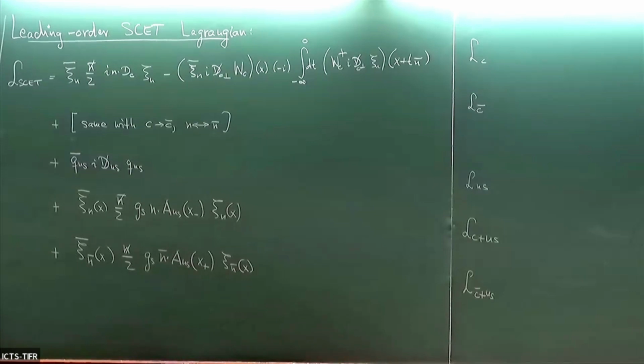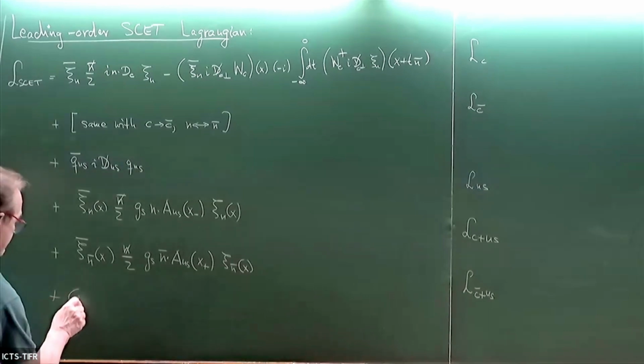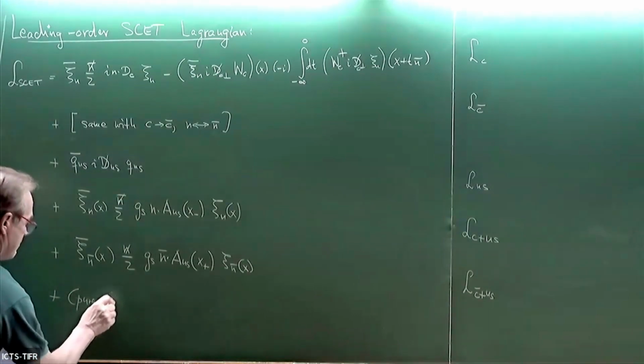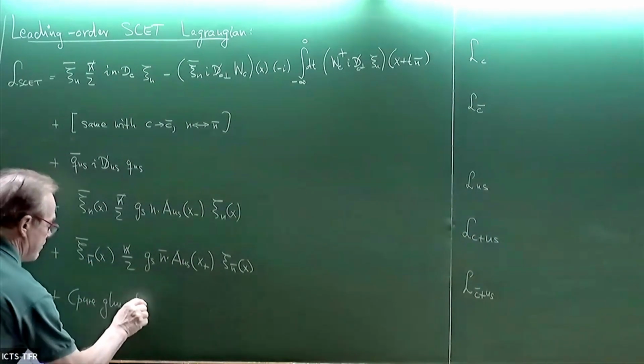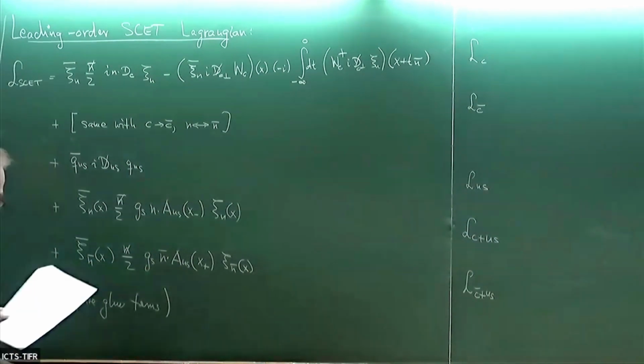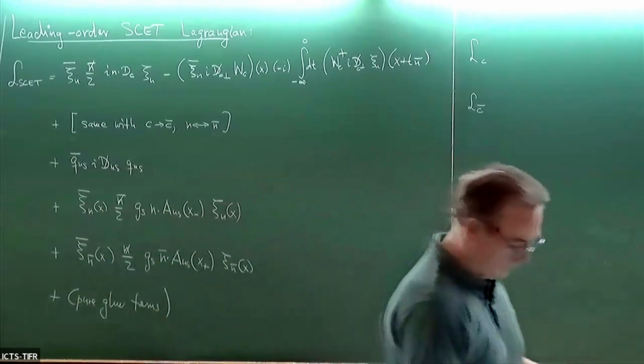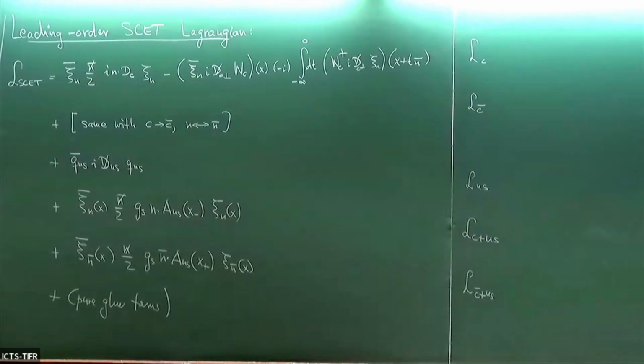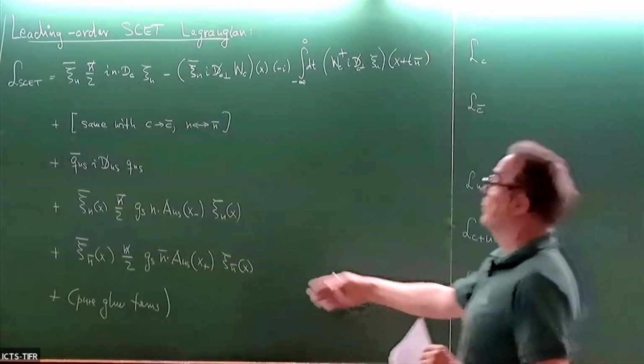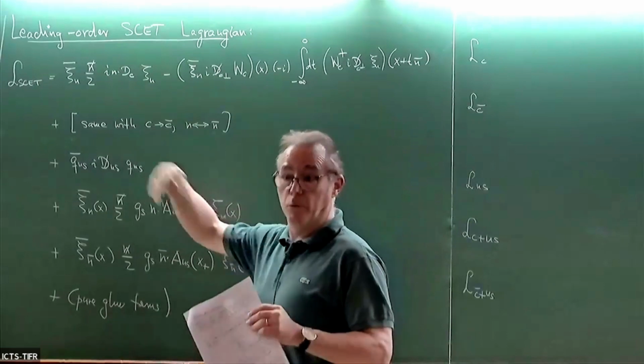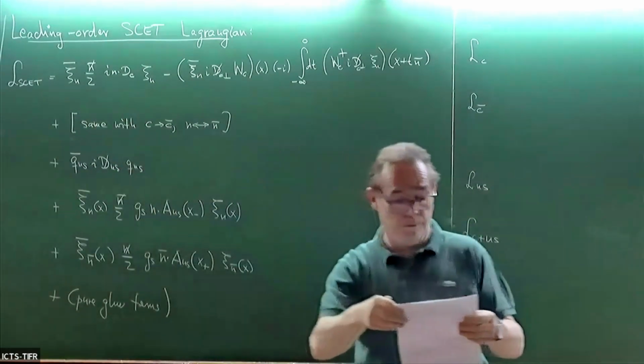And that's the only thing that matters. Plus pure glue terms. And again, note the important fact that ultrasoft quarks do not enter at leading order, except here when they interact with themselves, but no interactions with the collinear sector, only via gluons.